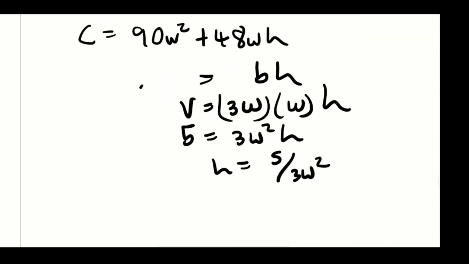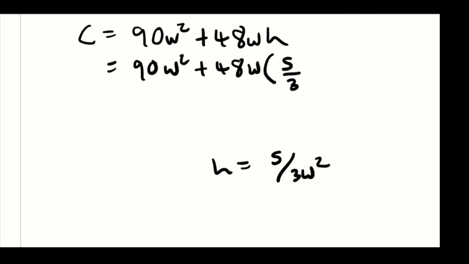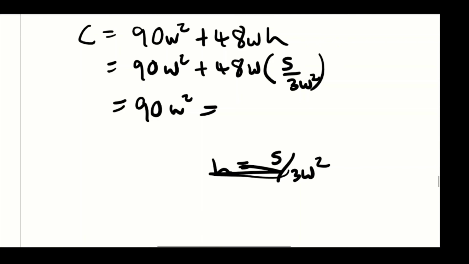Let's do that before we even solve the problem. So here we're just going to write 90W squared plus 48W into 5 over 3W squared.